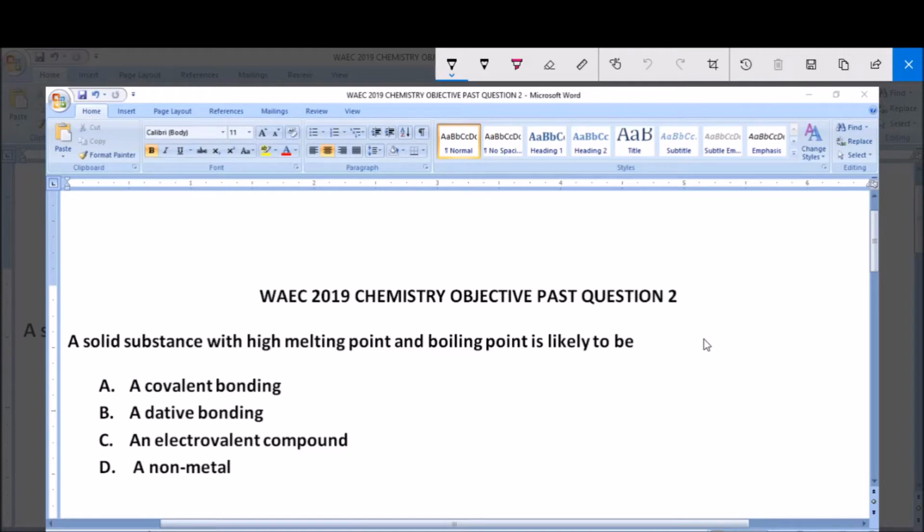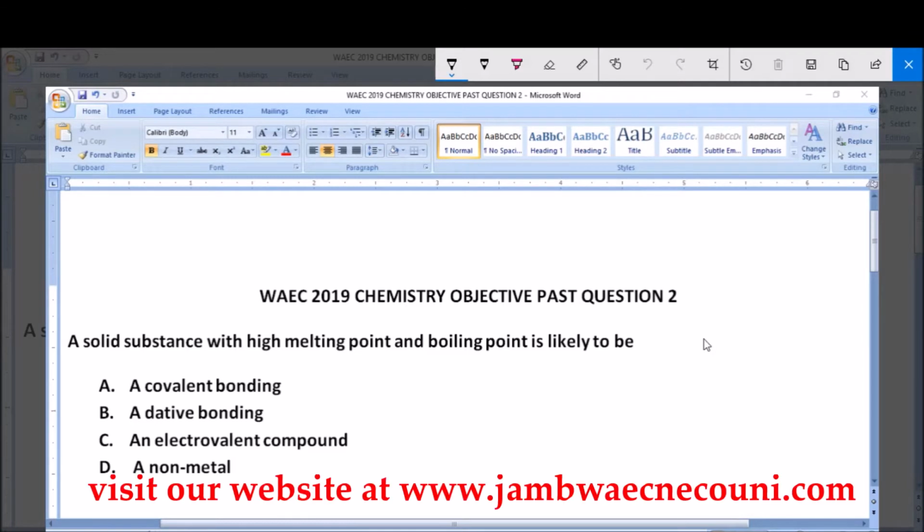Option A is a covalent bond. Now, a covalent bond is basically a kind of chemical bond that involves sharing of electron pairs between atoms, in order for both constituent atoms to achieve their octet or duplet state, as the case may be.